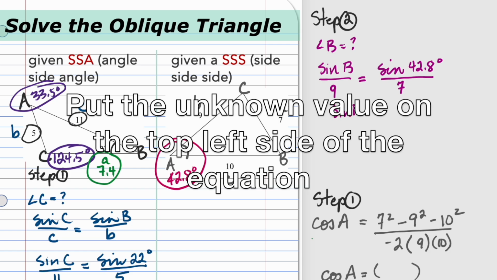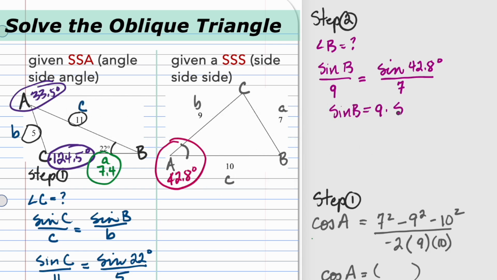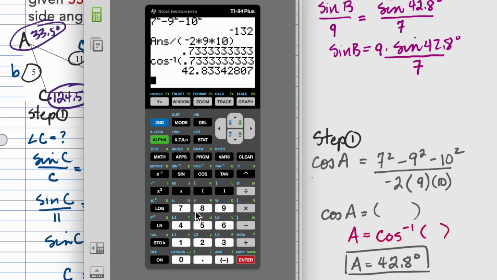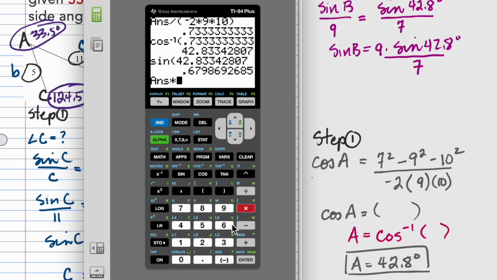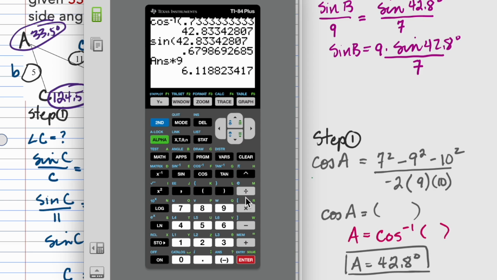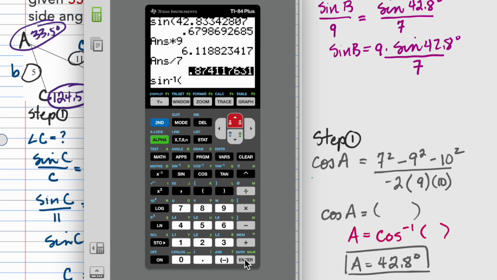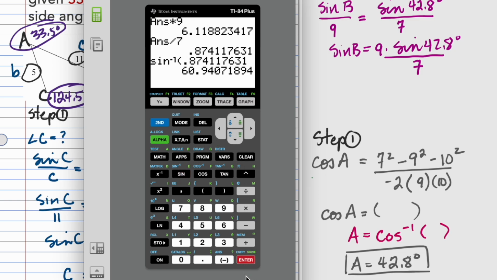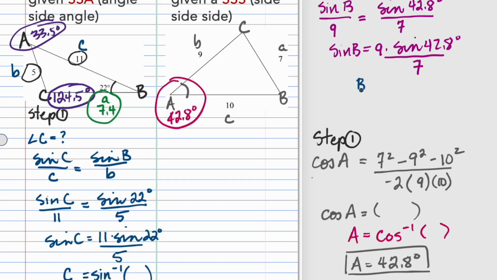Sine of B is 9 times sine 42.8 degrees over 7. Keep that 42.8 in your calculator and go sine of 42.8 equals times 9 equals divided by 7, and then we'll do the inverse sine of that value equals 60.9 degrees. B is 60.9 degrees.